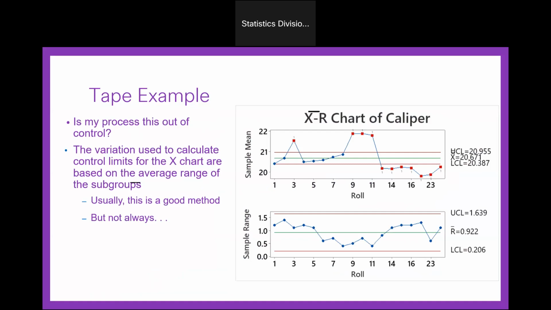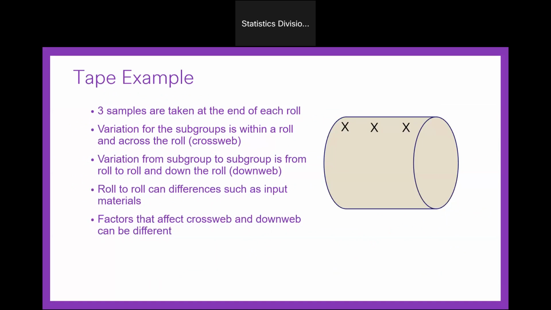So there's a reason for this, and there's a chart that can account for this. The reason for this one, and I just think it's an interesting example, so stick with me, but if you think about it, because this is such a big roll, the variation within a subgroup is sort of across the roll this way, and then we're plotting from roll to roll, which, when you think about a continuous process, is actually going sort of down the roll from roll to roll and over time.